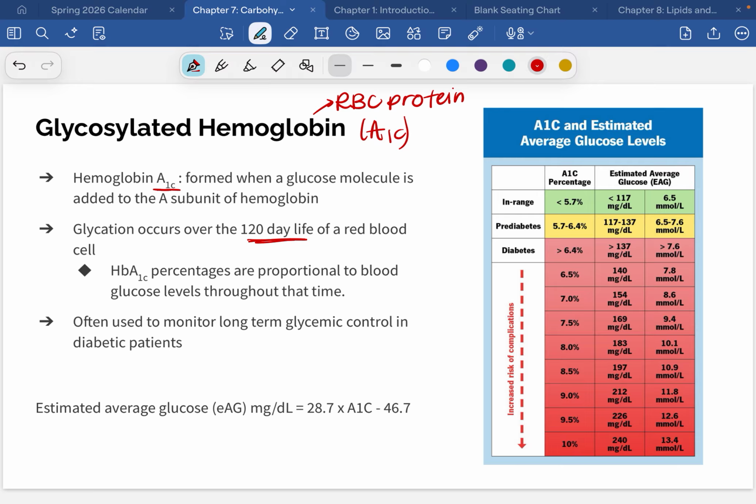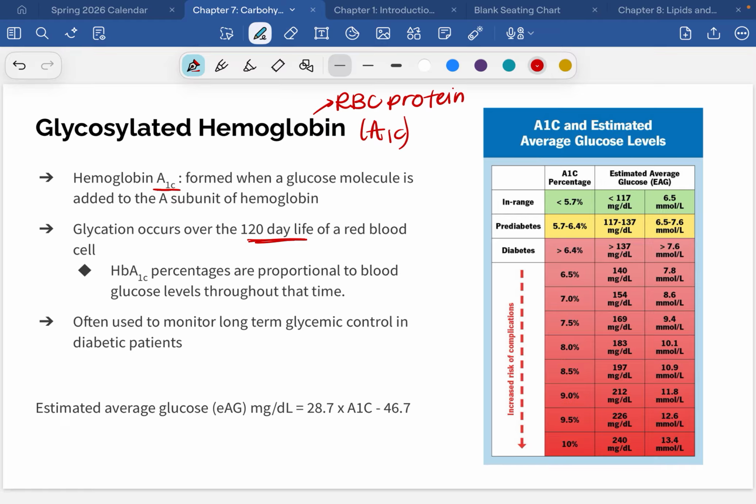It's supposed to. However, if a person has more sugar in their blood than is typical, if they are always hyperglycemic, their hemoglobin A1C level, the percentage of their hemoglobin that is glycosylated, will go up.